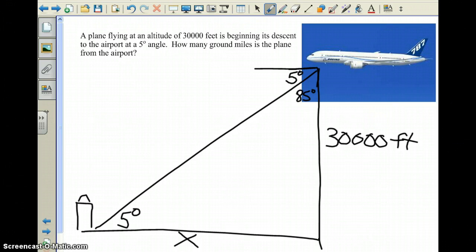So let's look at the sides that we have labeled here. I'm going to go from the 5-degree angle. This is my angle that I'm going to use. The 30,000 is across the triangle from the 5 degrees, so 30,000 would be our opposite side. And the x is right next to the 5-degree angle, so this is our adjacent side.